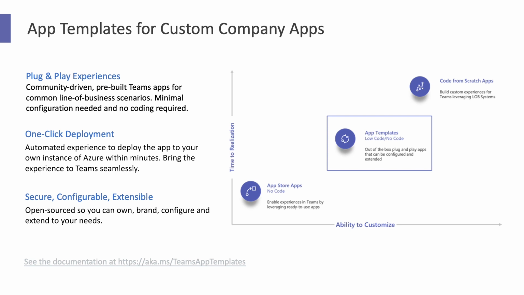We also talked about code from scratch apps, so those are the custom apps. But right in the middle, we have this kind of low-code solution, which are app templates. What these allow you to do is grab code, which we've hosted publicly on GitHub, and maybe customize it for your use case. Here are a few examples that I wanted to show you.